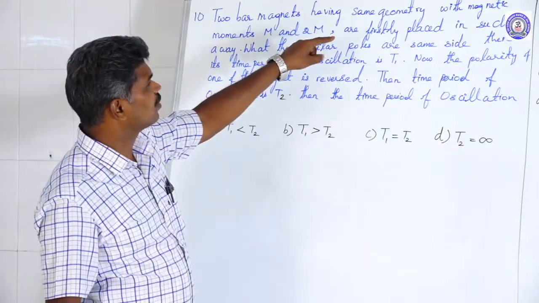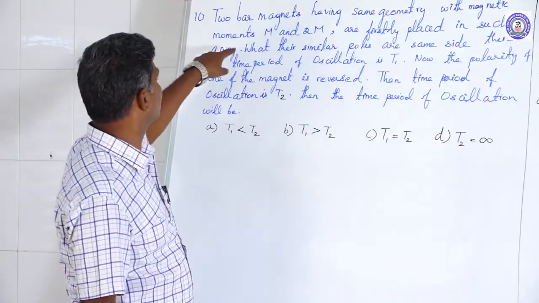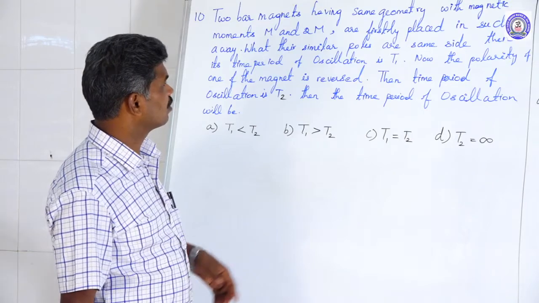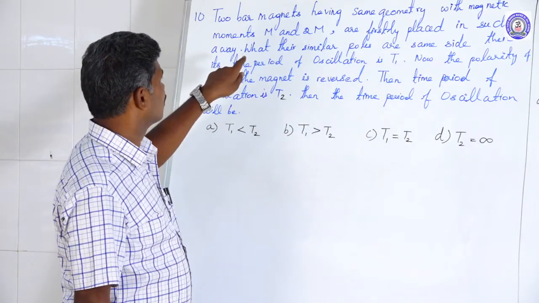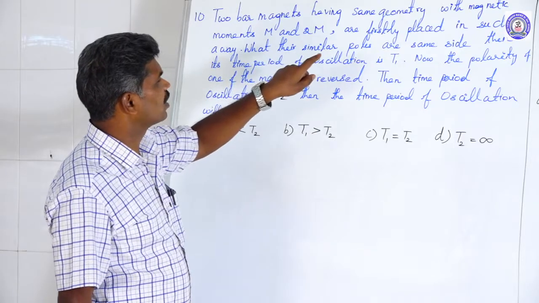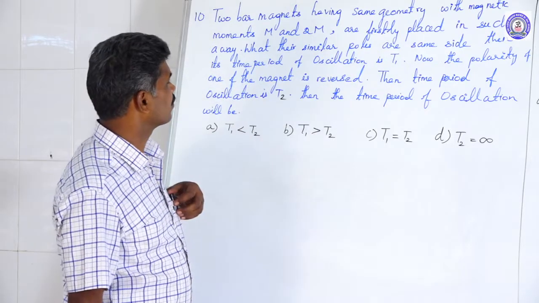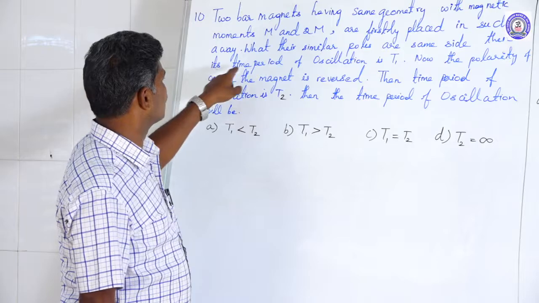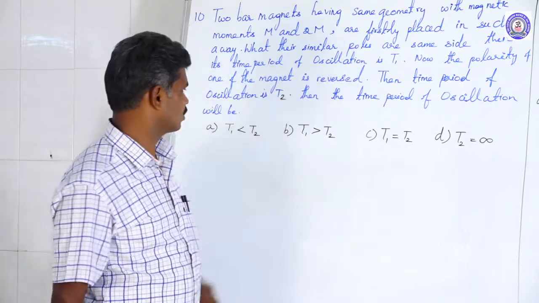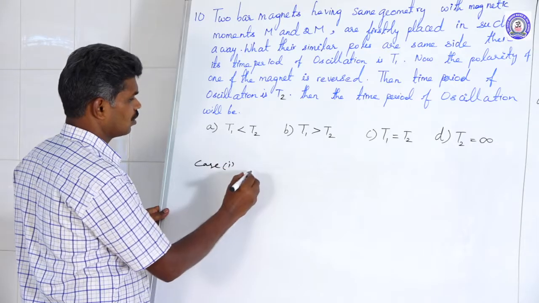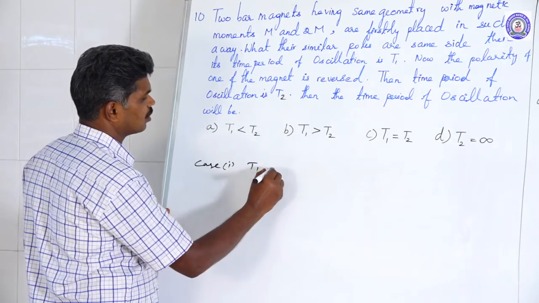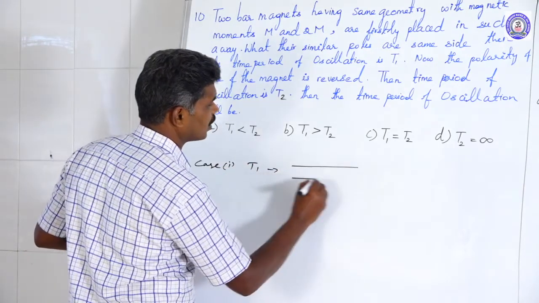Two magnets having the same geometry, with magnetic moments M and 2M, are first placed in such a way that their similar poles are on the same side, and the time period of oscillation is T1. For case 1, the time period is T1. Their similar poles are on the same side.